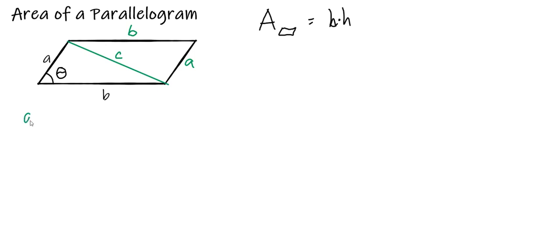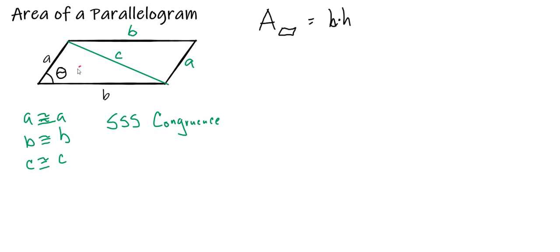So we have A congruent to A, B congruent to B, and C congruent to C. And thus by side-side-side congruence, we know that these two triangles are congruent to each other. So this triangle here, the red triangle, and this triangle here, the green triangle, are congruent to each other.